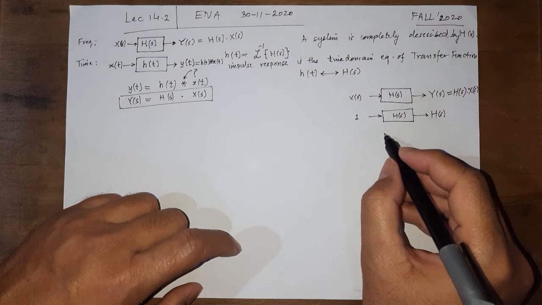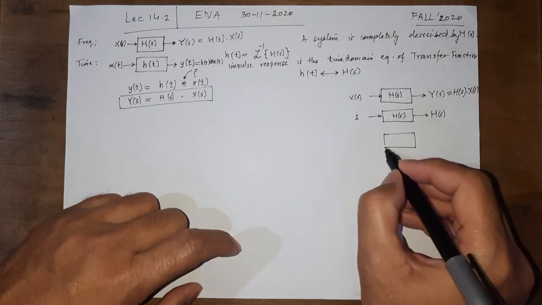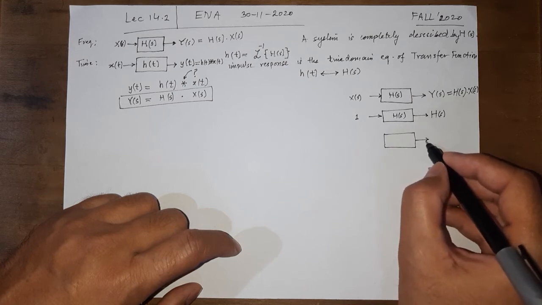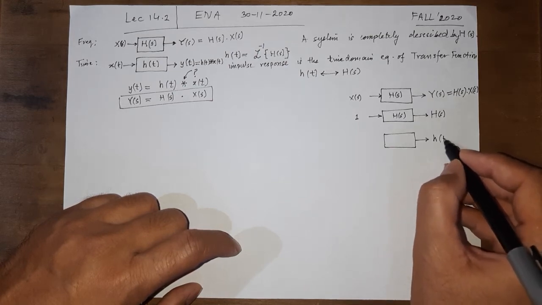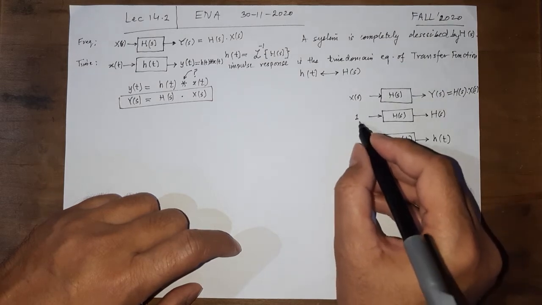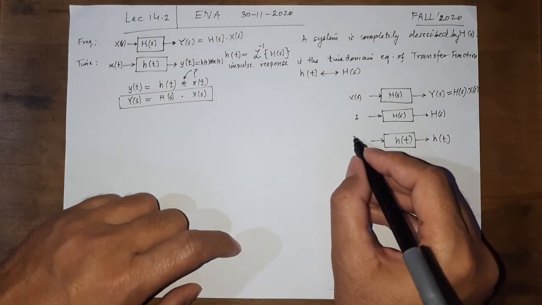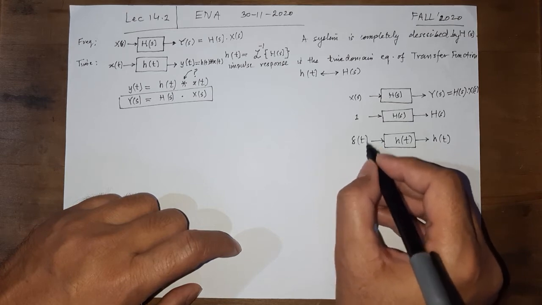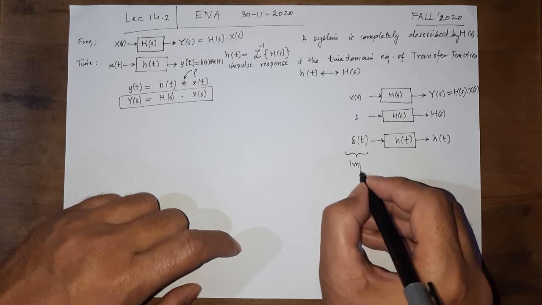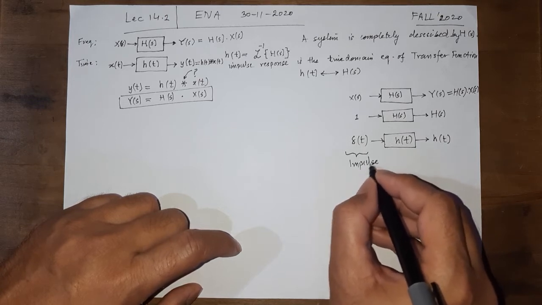Now I ask you, what is the inverse Laplace transform of this h of s? It is h of t. What is the inverse Laplace transform of 1? That is delta of t. You already know this guy. This is the impulse, unit impulse.